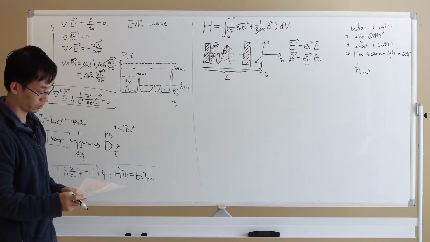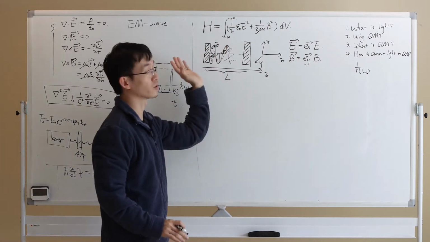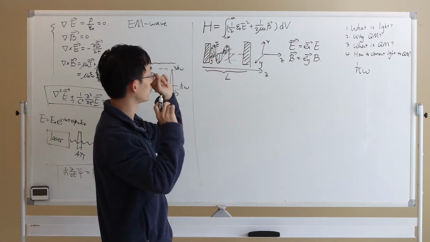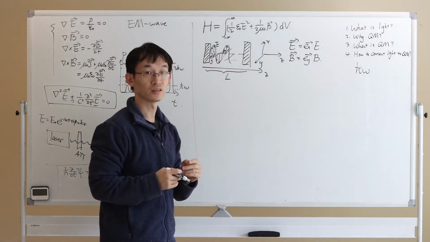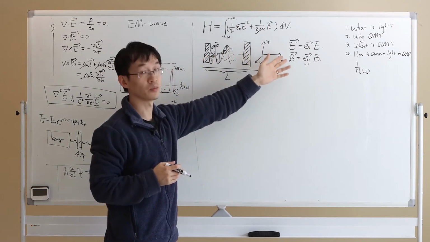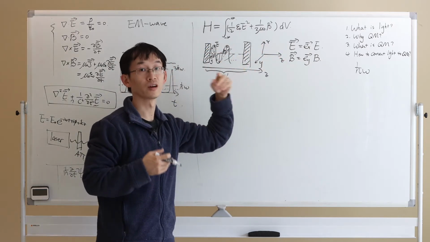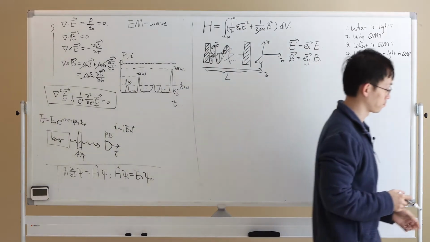The key is to see, if light is bouncing back and forth in a resonator or a pair of mirrors, what electric wave and magnetic wave are allowed inside here. Once we solve for E and B, we can do this integral and figure out the Hamiltonian of the system.